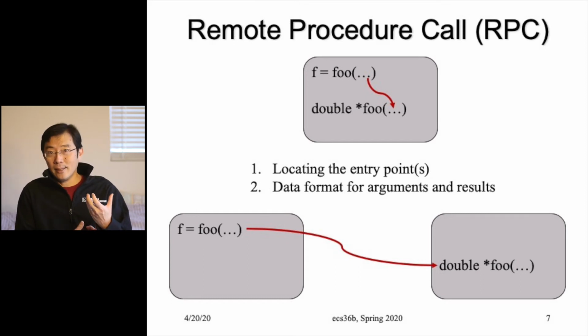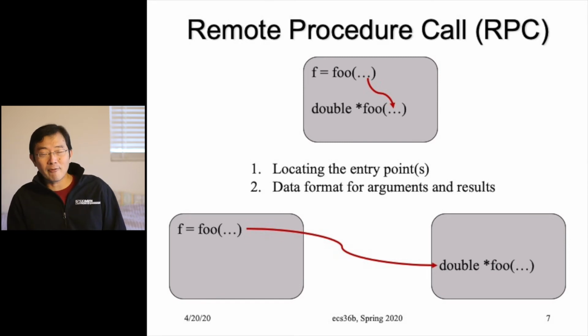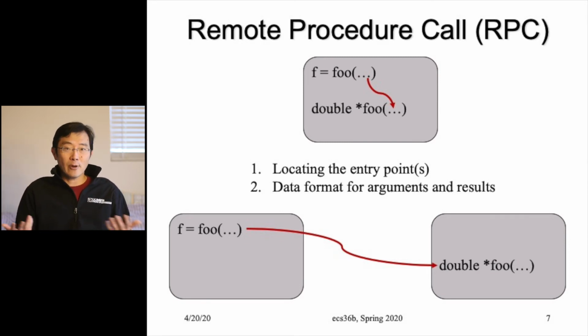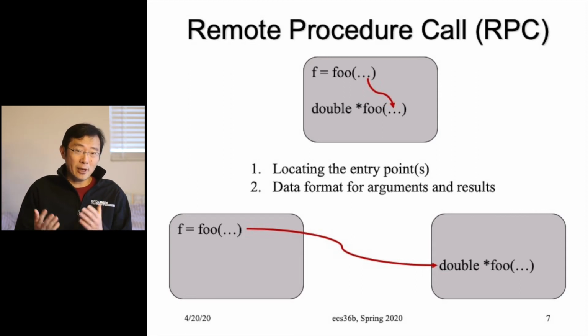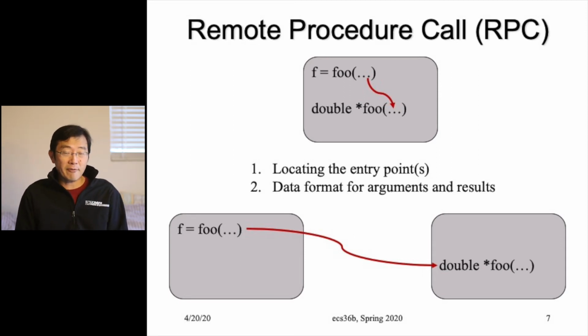He thought he was working on one part of the homework, but the server handling the request was actually for a totally different part, and therefore he got an unexplainable error message. Similarly here, the first question is that we have to know where the entry point is: which IP address I should go to, which port number, which function, and those kinds of things. That's the first thing we need to address when you want to implement a remote procedure call.